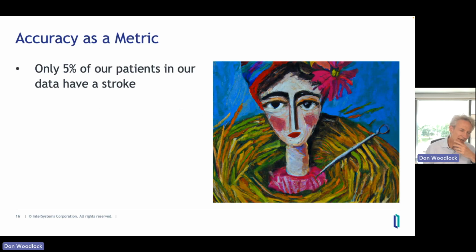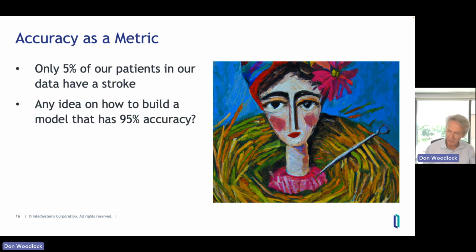Okay. So you might think all you need to evaluate model performance is this accuracy metric, like how many times did we get it right? But the reality is accuracy is not a very good metric for a needle in a haystack problem, which this sort of is. Only 5% of patients actually have a stroke. How might you build a model that has 95% accuracy?